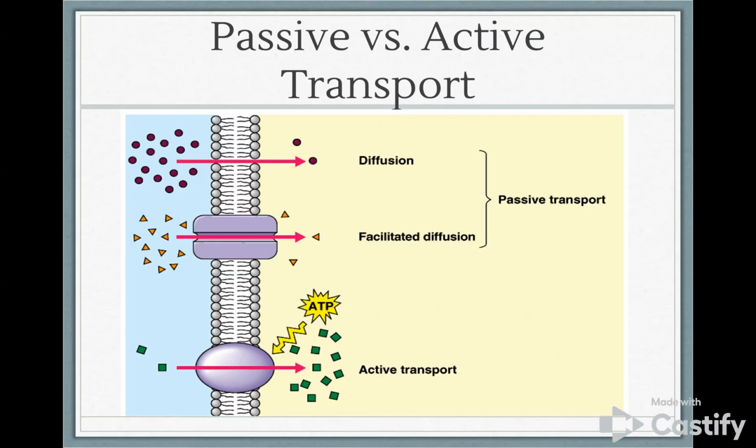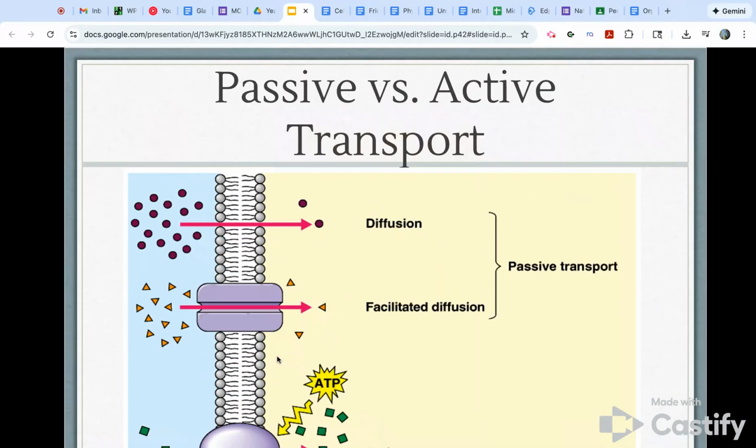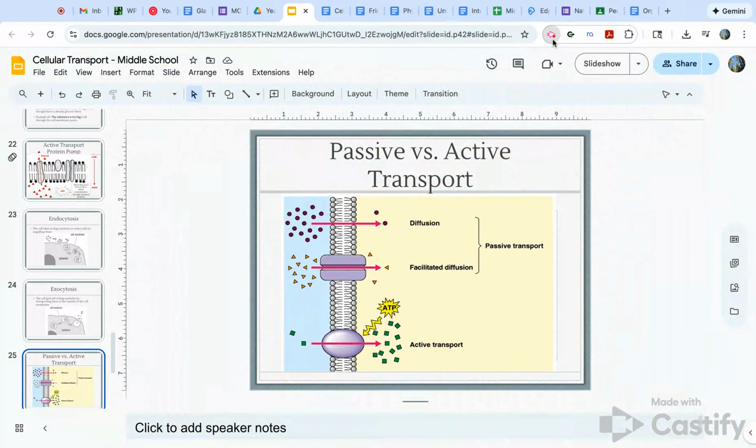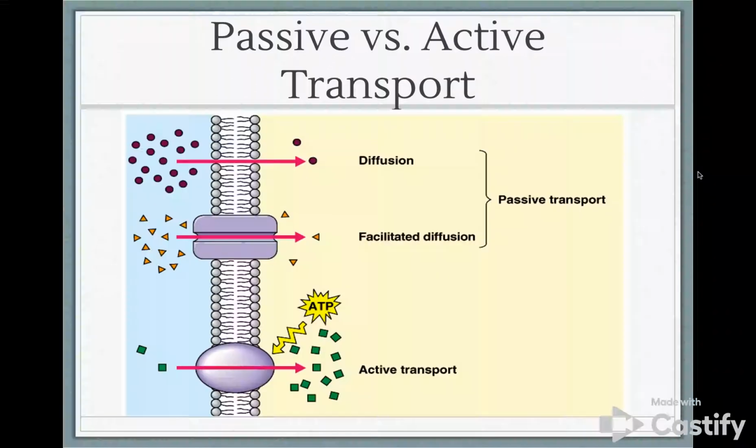Okay? So to review, we have passive and active transport. The two kinds of passive transport are diffusion, including osmosis, which moves small molecules across the cell membrane, and facilitated diffusion, still no energy required, but those larger molecules have to go through a transport protein.